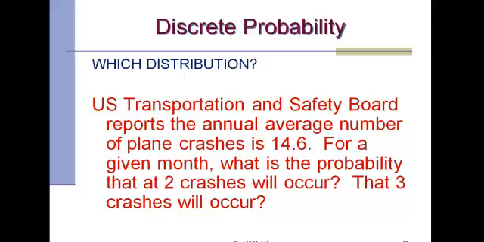Now what would that number be for this problem? Well, it's the rate. So for a given month, what is the probability that 2 crashes will occur? What number are you going to enter? You don't enter 2. And you don't enter 14.6. Why? Because 14.6 represents the average annual rate of plane crashes. For this particular question, it's asking for a given month.